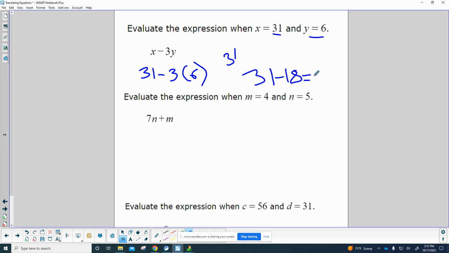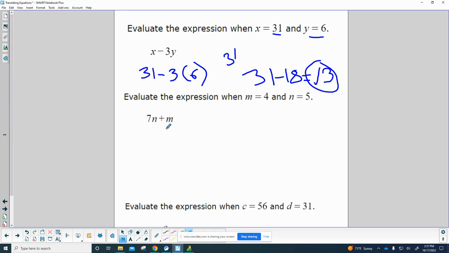You can use your calculator to do that, or if you don't have one, I know that if you add 18 to 2, you get to 20, plus 11 more to get to 31. So that gives us an answer of 13. 13 plus 18 equals 31.